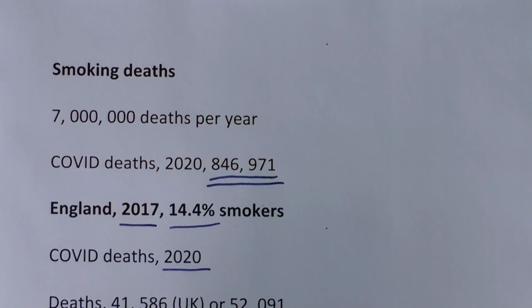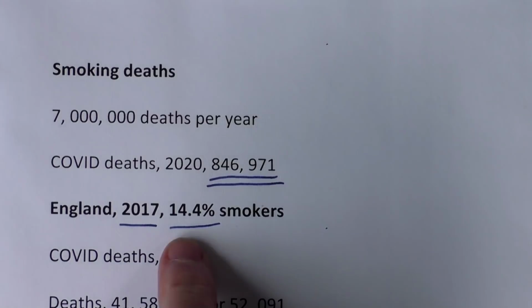We are paying the debt accumulated by decades of smoking. The death rates from smoking will continue to go down, of course, because the numbers of smokers are going down.